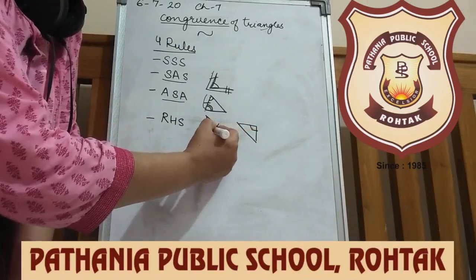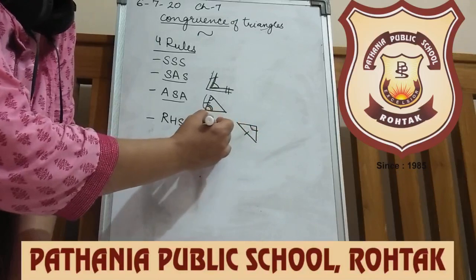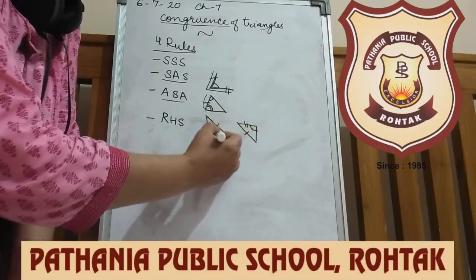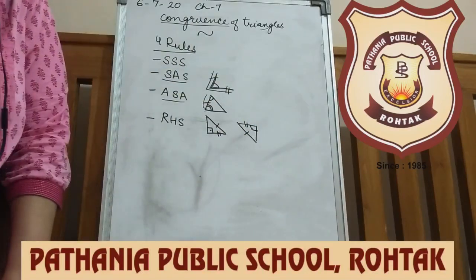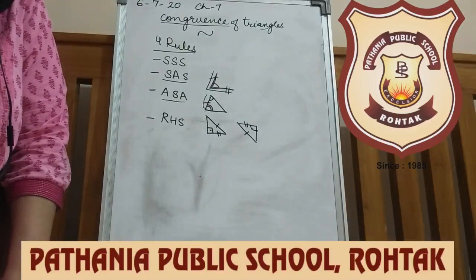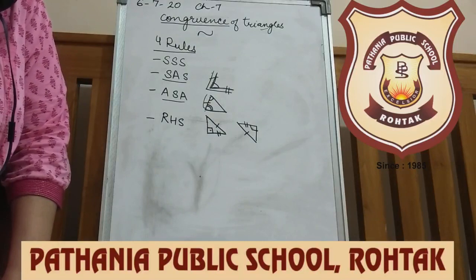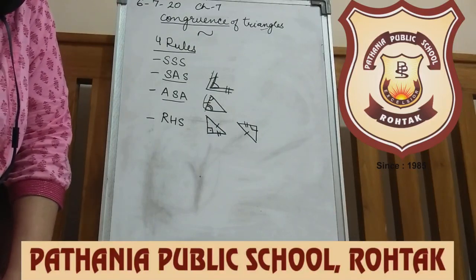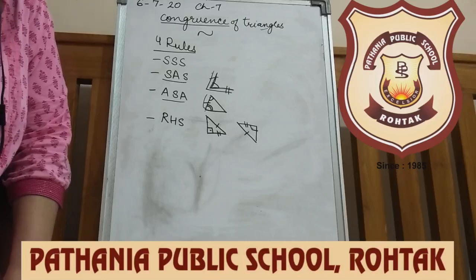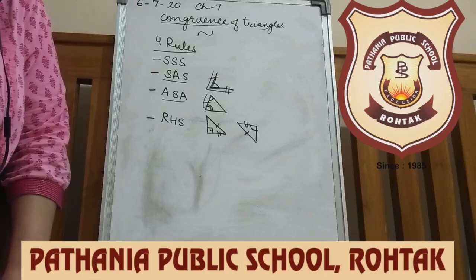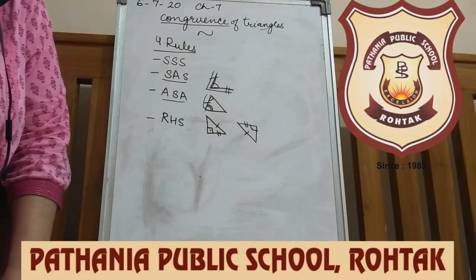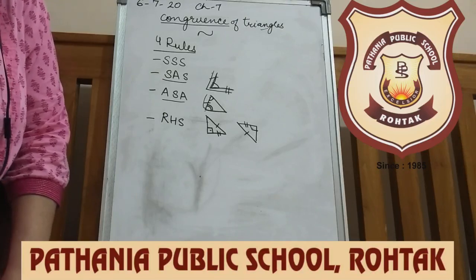Right angle should be equal to right angle, hypotenuse equal to hypotenuse, and any one side. Is that clear? So by using any of these four rules, you can say the two triangles are congruent. Is that clear? This is the last chapter that we did before your summer break.